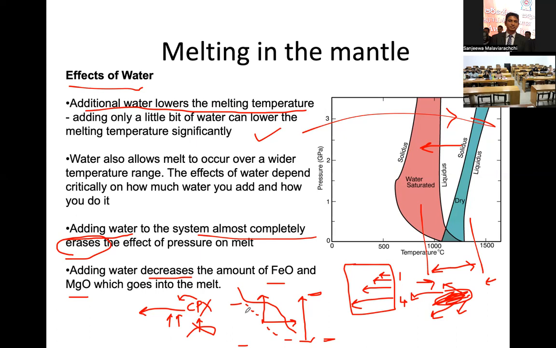So that will cause the amount of iron and magnesium dissolved in the melt to drop, because other minerals will contribute other elements also, right? Not only iron and magnesium, but calcium and other elements also. So if you are adding more components into the system, you are decreasing the overall concentration of these elements.